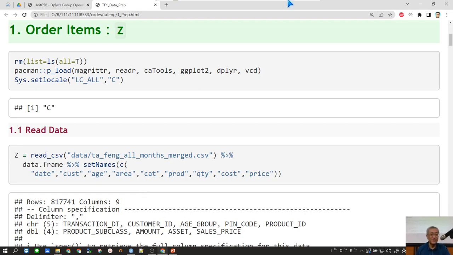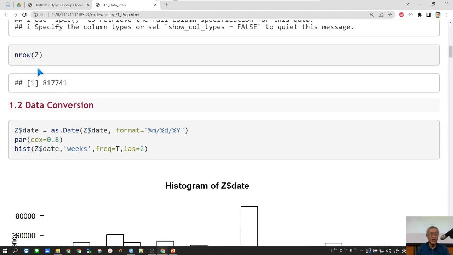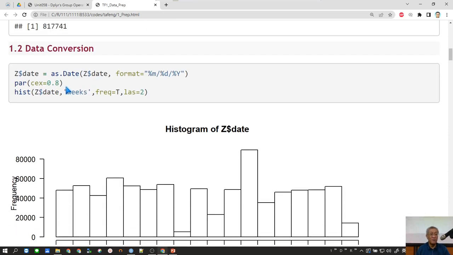Okay, so first of all, after reading the data, we can see that this is the item. Before anything, we do a data conversion, as I told you. Originally the date is in a character string. We need to transform it into a digital date before we can use it in the program.